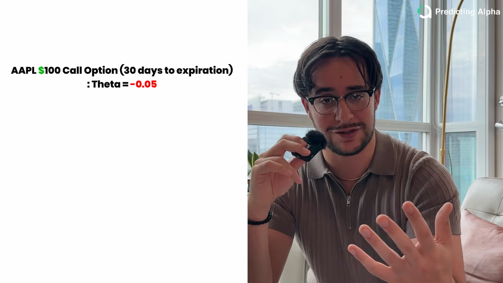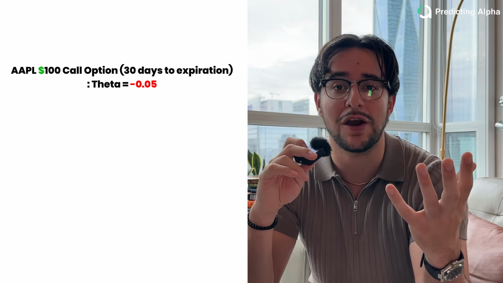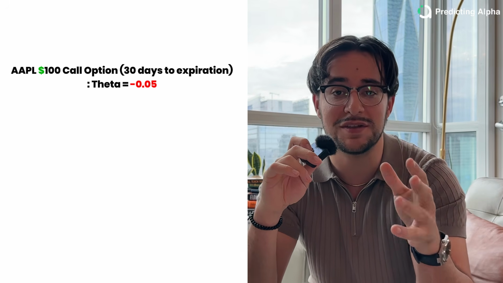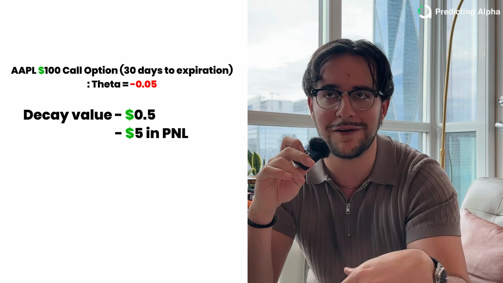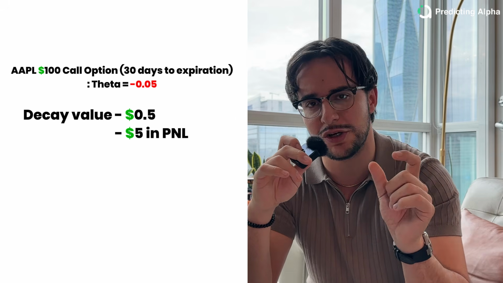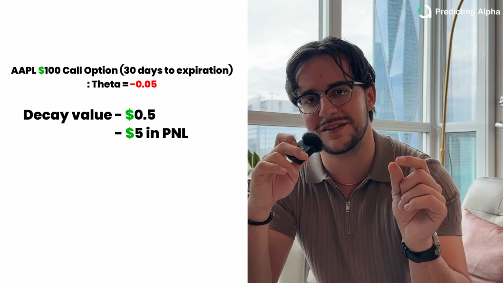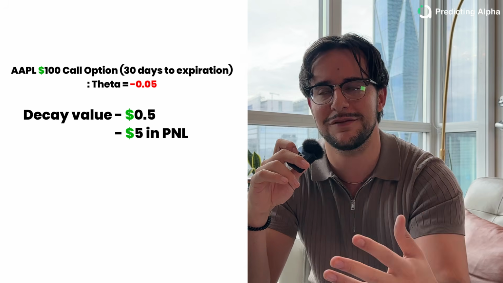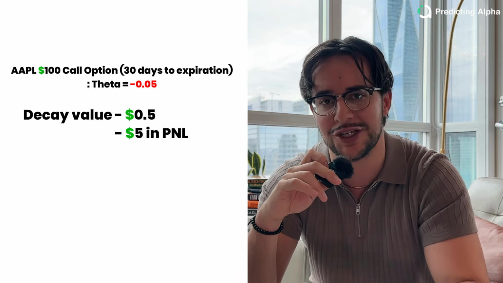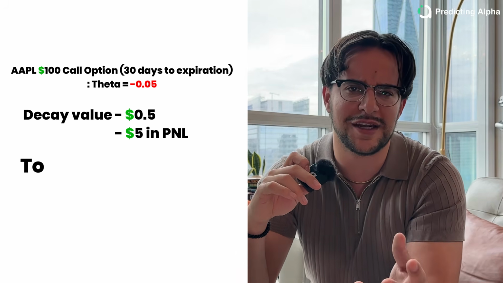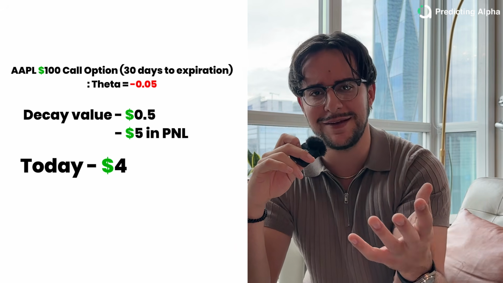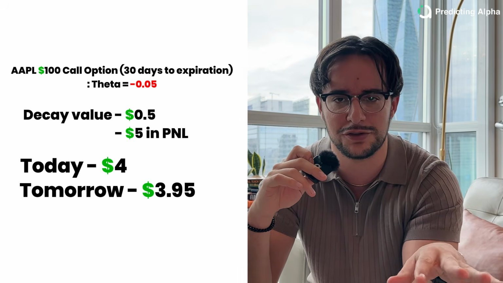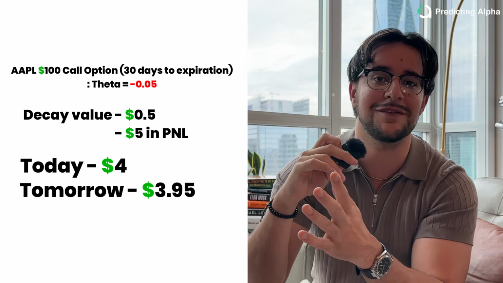Well, it means that at this current moment, for each day that the option is existing, it is going to decay by 5 cents in value or $5 in P&L, right? Remember, each contract represents 100 shares. So you take the 0.05, you multiply it by 100, that equals 5. That is the actual change in P&L that you will see. So if that contract was trading at $4 for the contract today, tomorrow, assuming everything else is held neutral, it would be trading at $3.95.